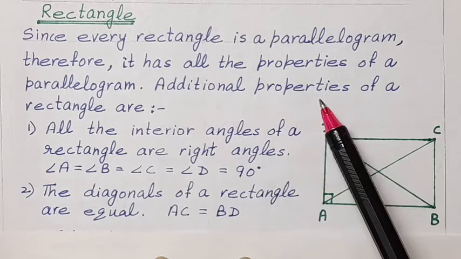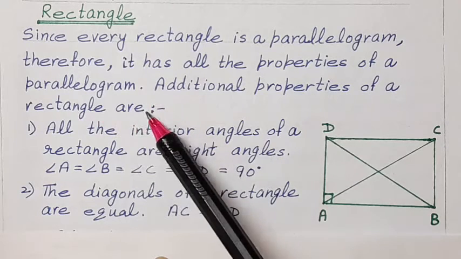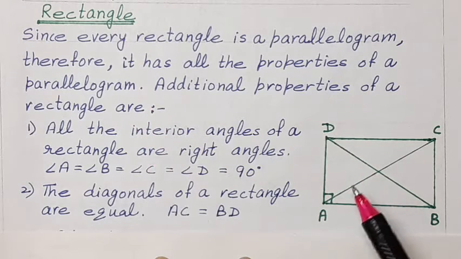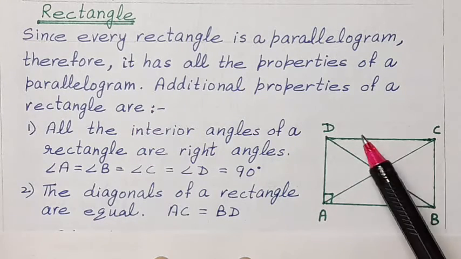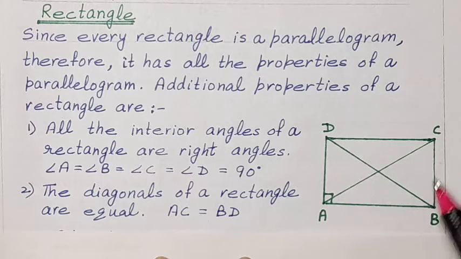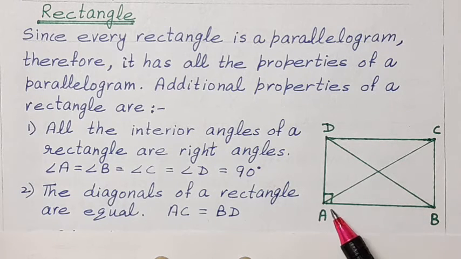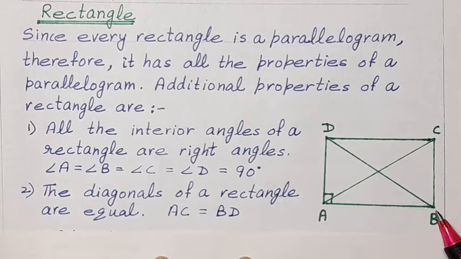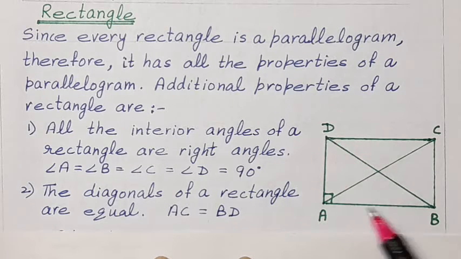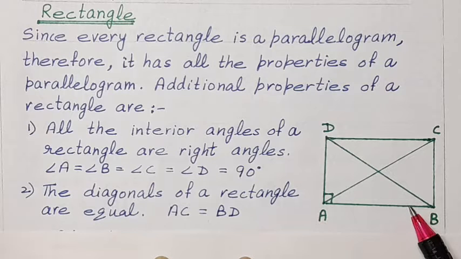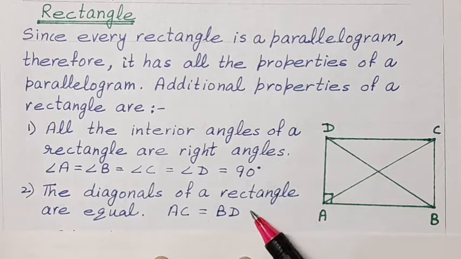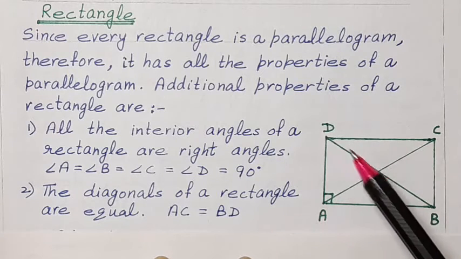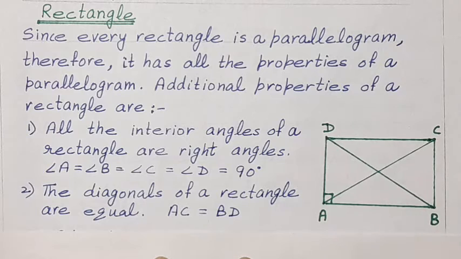Additional properties of a rectangle are all the interior angles are 90 degree each. That is, angle A is equal to angle B is equal to angle C equal to angle D. All are 90 degree. And second is, the diagonals of the rectangle are equal.